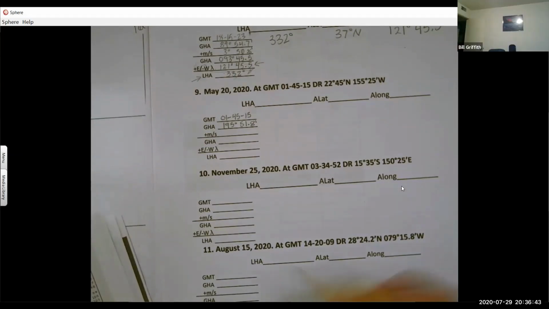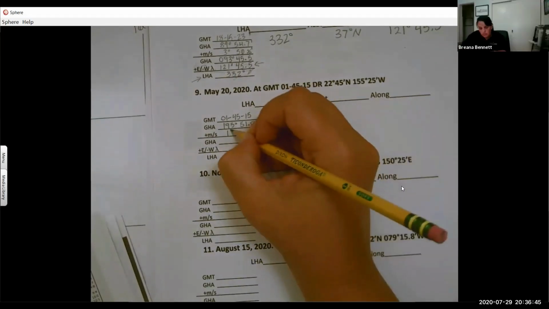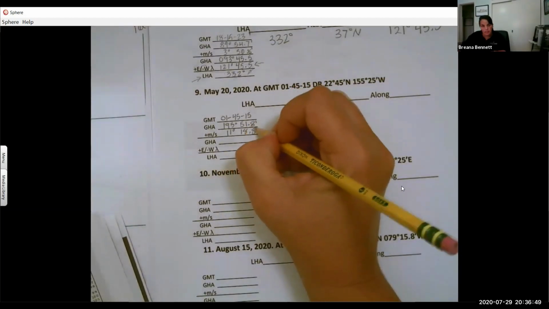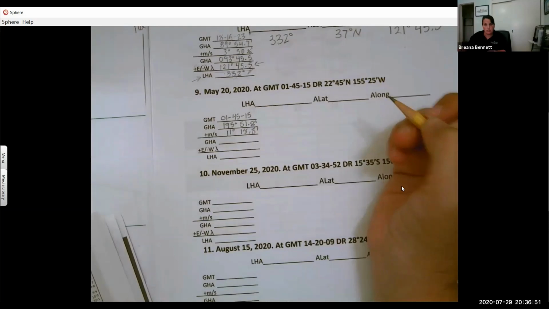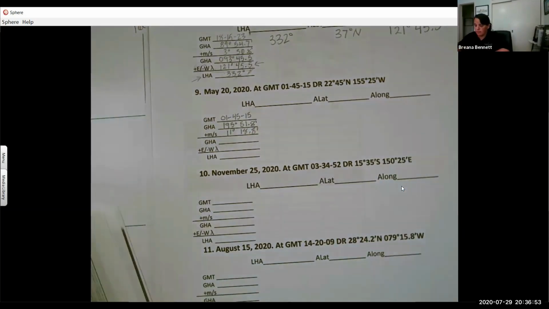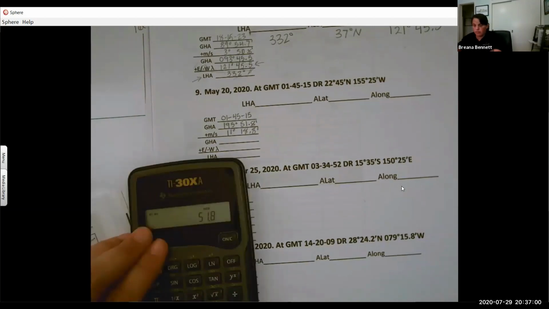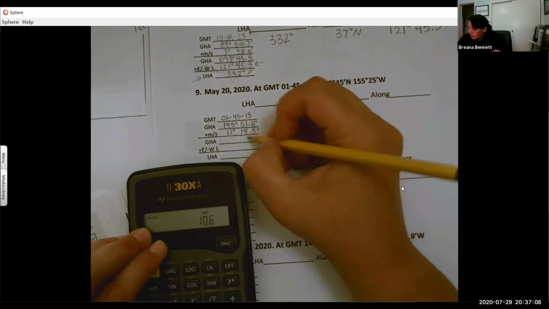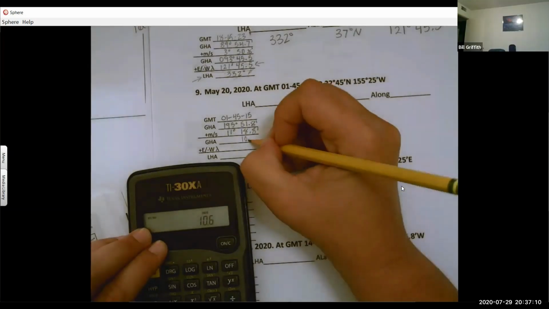So I have a minutes and seconds of 11 degrees, 18.8 minutes. We add those up. 1.8 plus 18.8 gives us 9.6.